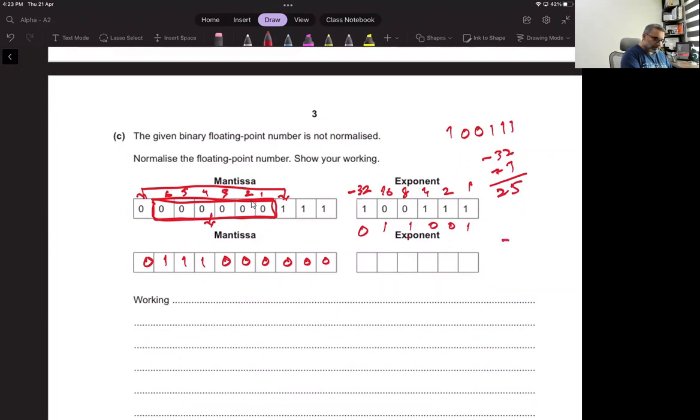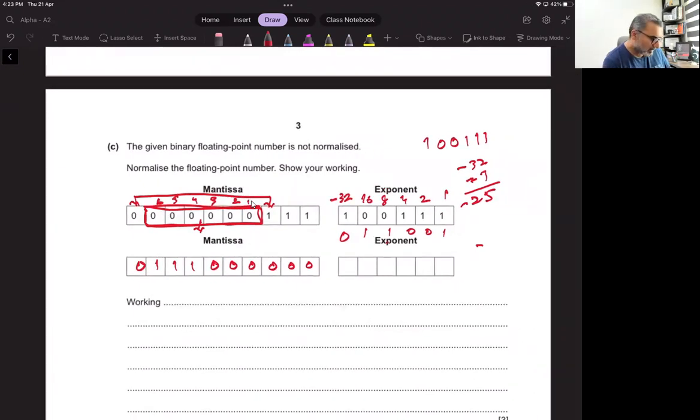So this will become minus 25. Minus 25 minus 1, 2, 3, 4, 5, 6. So minus 25 minus 6 will become minus 32. Now minus 25 plus 6. Minus 25 minus 6.